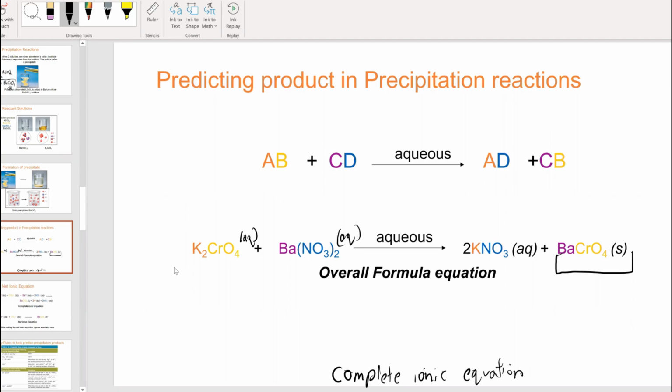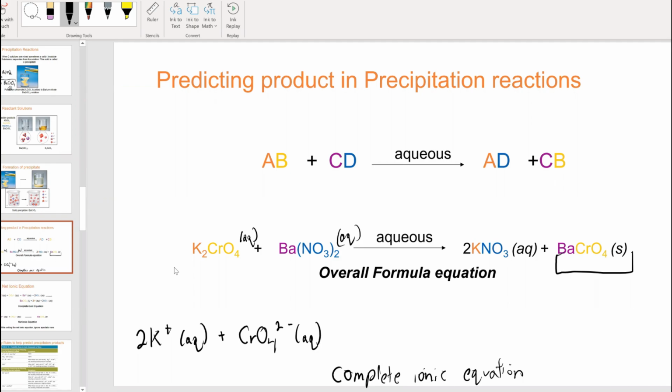So the complete ionic equation, once we split it apart, will tell you, if I look into this water and take a scoop of this water, what will I see? And you won't see potassium chromate, I'll tell you that. What you will see is, for every 2 potassium ions that are separated, you'll see a chromate anion.